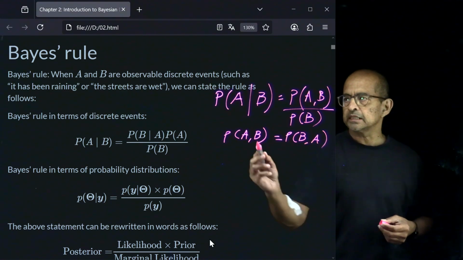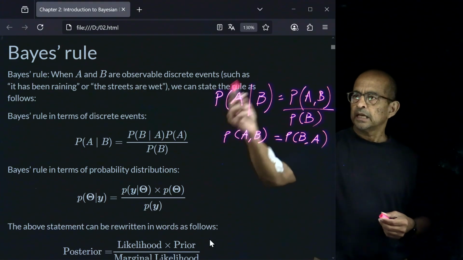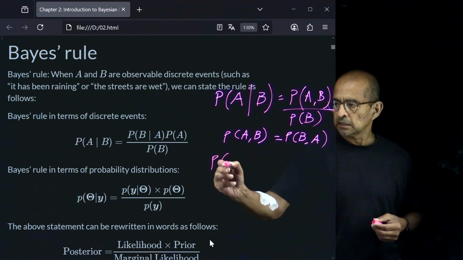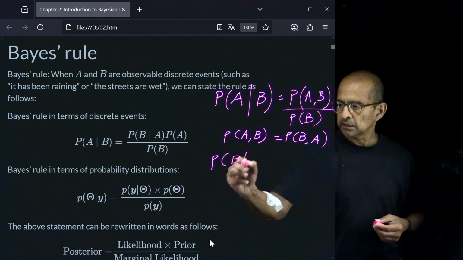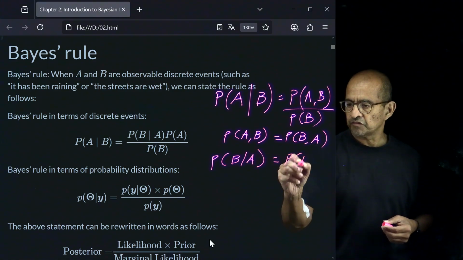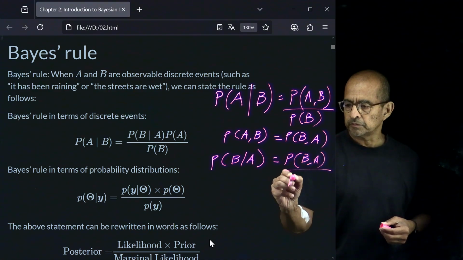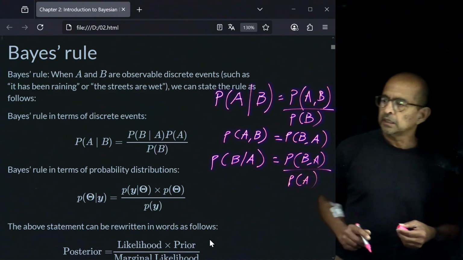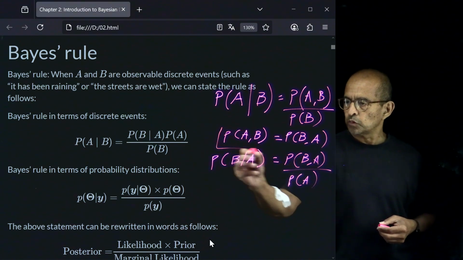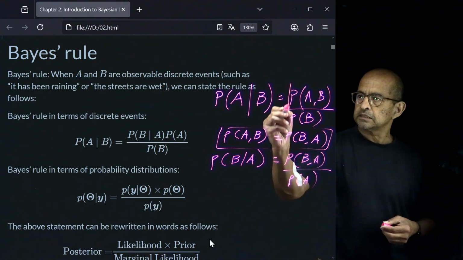So if that's the case, then I could just flip these symbols A and B and write another version of this equation, which would be: probability of B given A is equal to the probability of B and A happening divided by the probability of A, right?